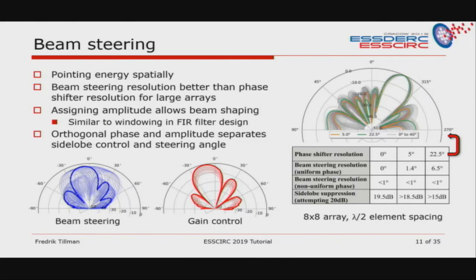And therefore you can adjust the side lobes. The figure to the right illustrates, when you sweep the phase shift resolution from 0 to 40 degrees, you see what happens. The main lobe is pretty much unaffected, whereas the side lobes show a huge variation. So therefore it is really important to control this in a good way.